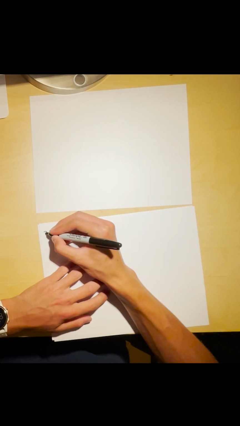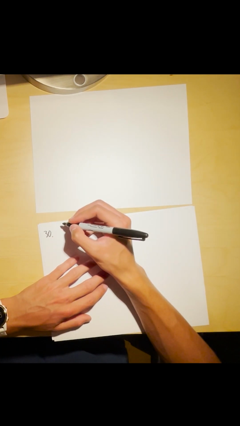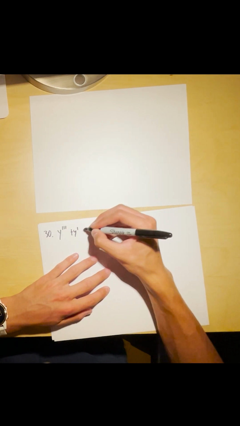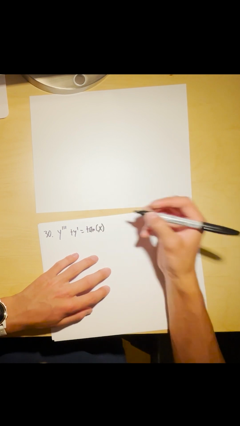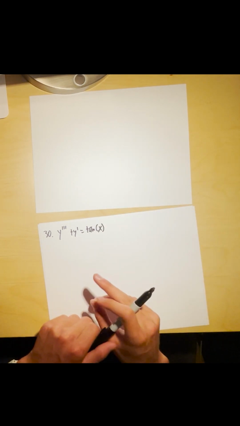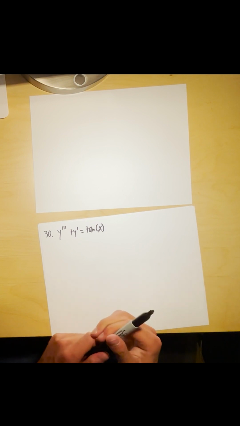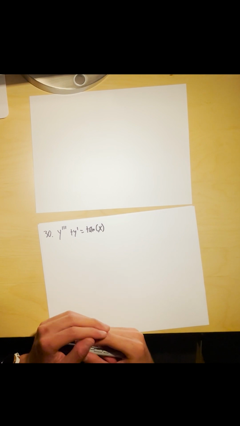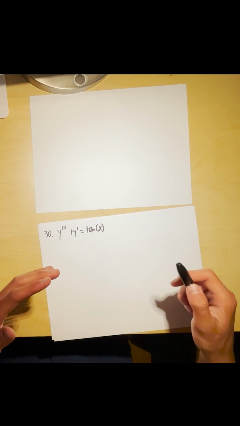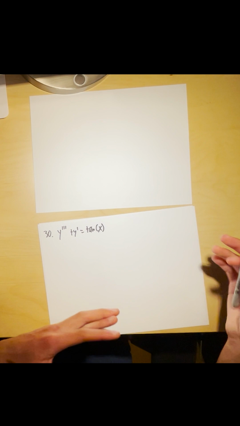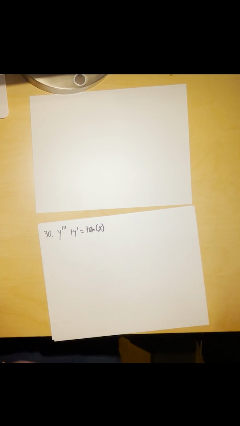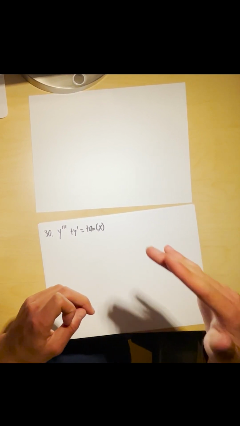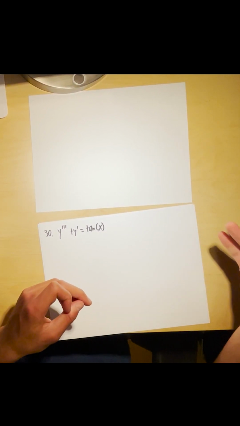This one is number 30, and it's y triple prime plus y prime equals tangent of x, which means we're going to have three functions in the complementary solution. So we'll end up with c1y1 plus c2y2 plus c3y3.